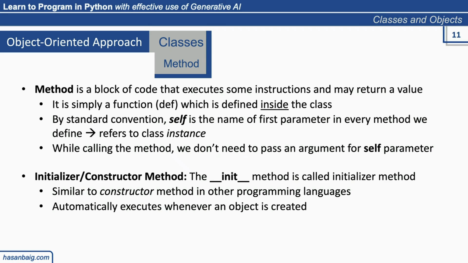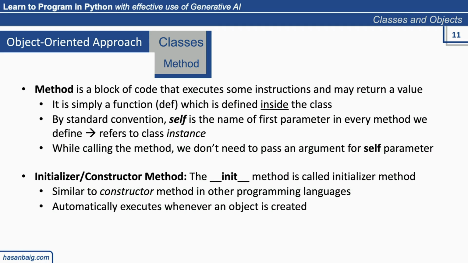So when I say this func is a method, self should be the first parameter, and if I do not have any other parameters, I can simply call the function. I do not need to pass anything for this parameter self. When this function definition is like this, it has no other parameter, so I do not need to pass any argument for self.